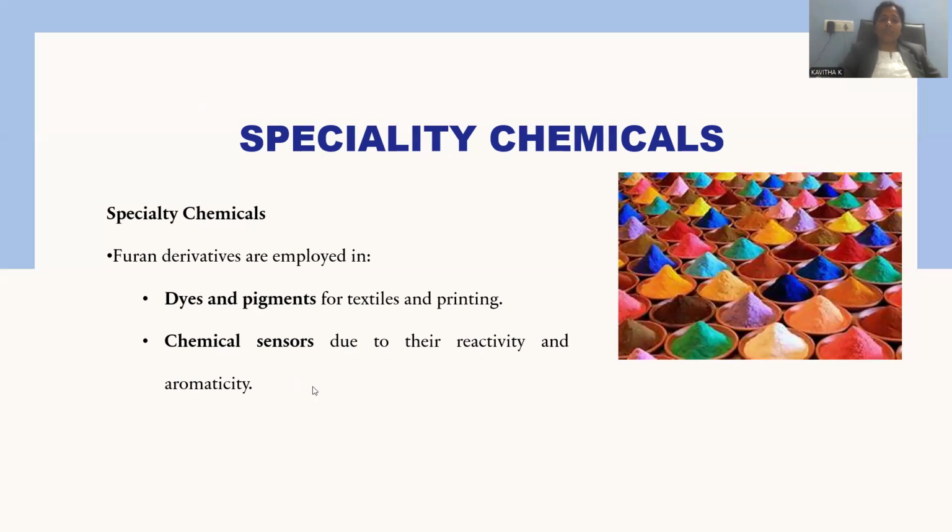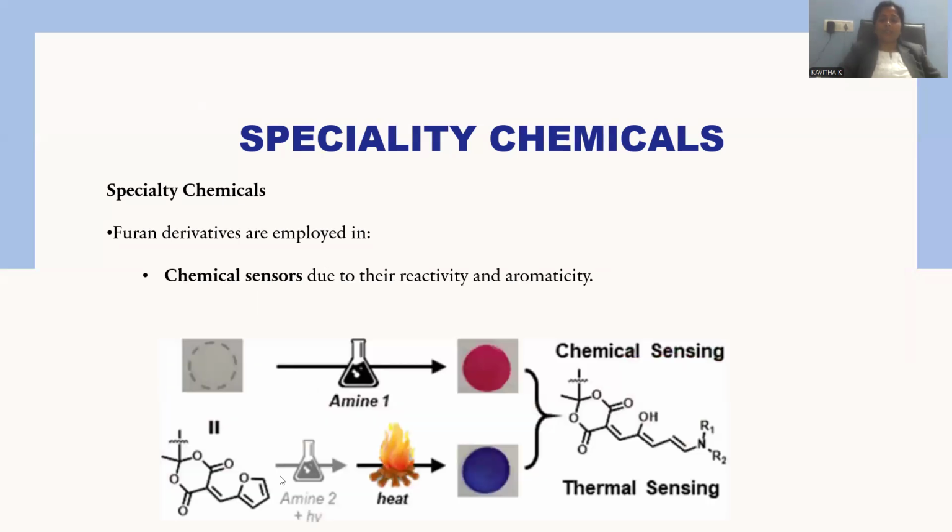Chemical sensor, it will be. Chemical sensor is nothing but, whenever we take the kind of substance I'm taking, here you can clearly observe the six-member ring system with oxygen, and the furan nucleus is located. Amines will be treated over there, and heating to a higher temperature is able to generate the sensing agent.